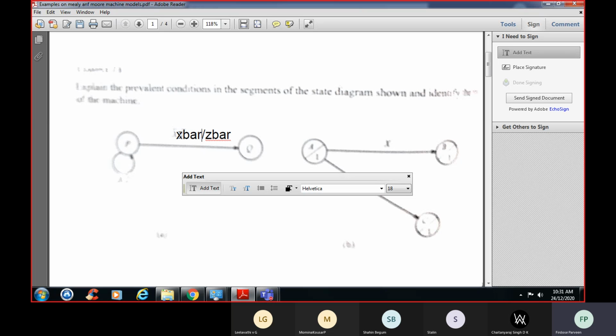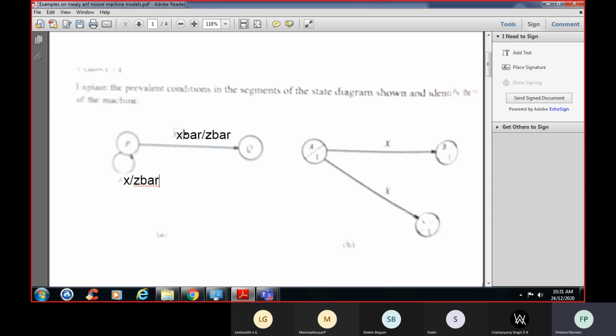So I'll be writing X bar, Z bar. Here it is X, Z bar. Okay. So this is the question. So this is X bar, this is Z bar, and here it is X, Z bar.